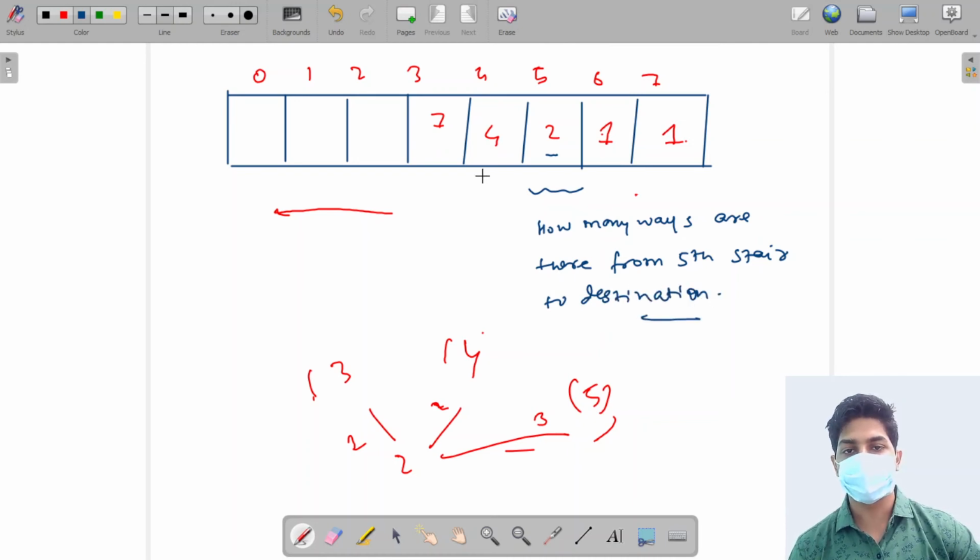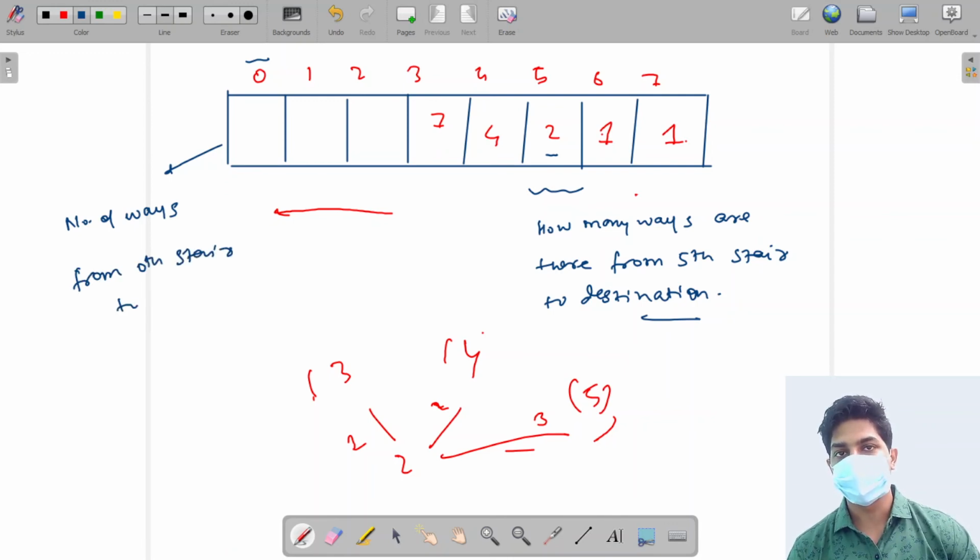Similarly, at the 4th stair, it is stored how many ways there are from the 4th stair to the destination. So at the 0th stair, what will be stored? The number of ways from the 0th stair to the destination. Then what was the question? What do we have to solve? We have to solve the number of ways from 0 to the destination.